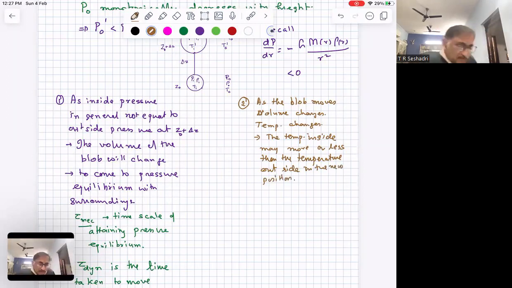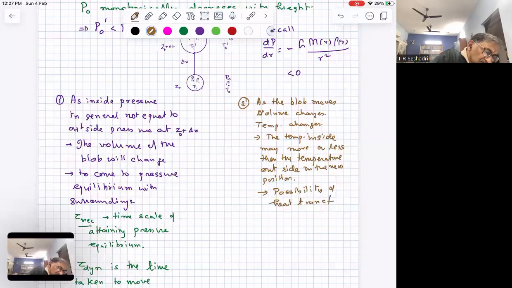Okay. Now this implies the possibility of heat transfer. If there's a hot object in a colder environment, it will lose heat. Now, one thing you should remember is that delta H happens from the surface.